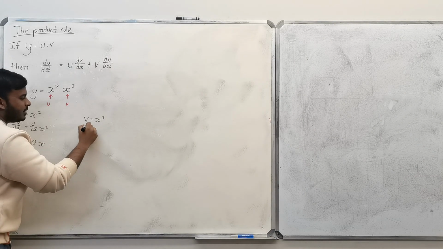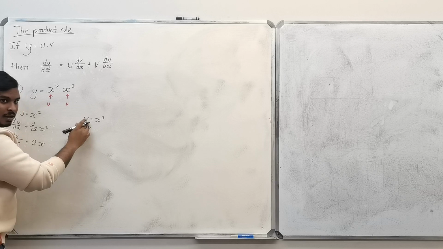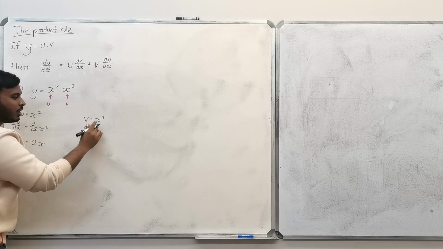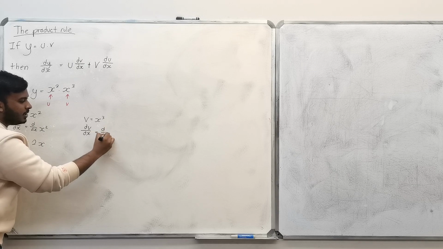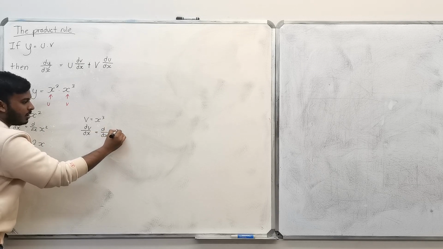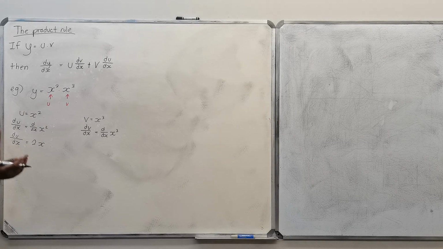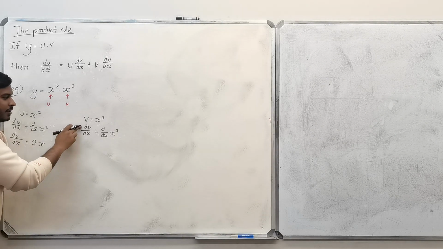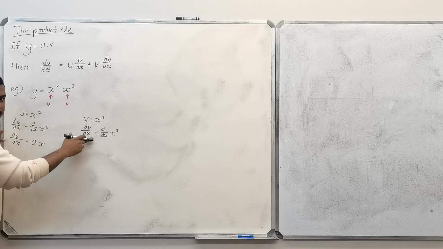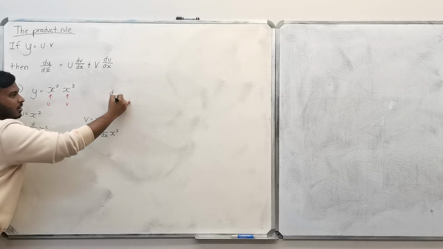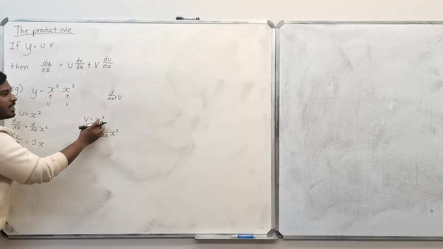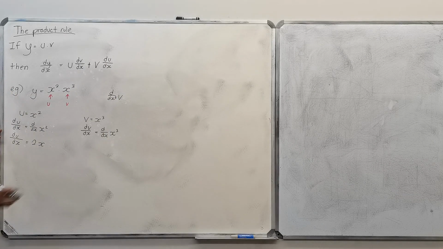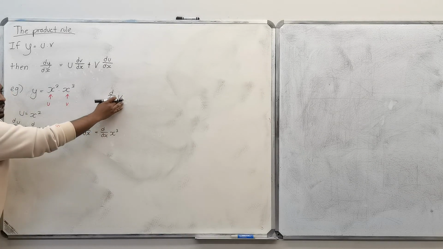Here, the derivative of v with respect to x is equal to d over dx of x cubed.